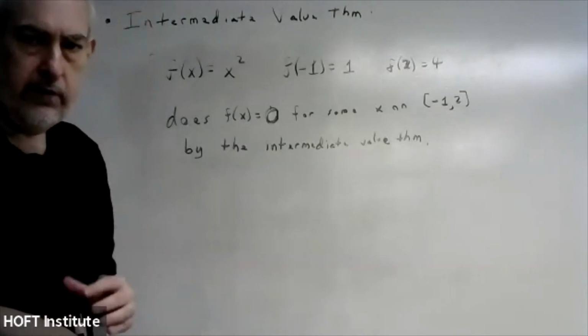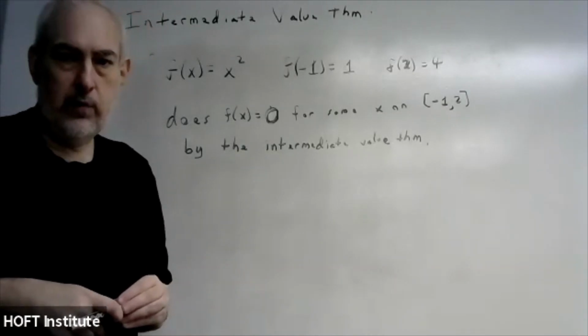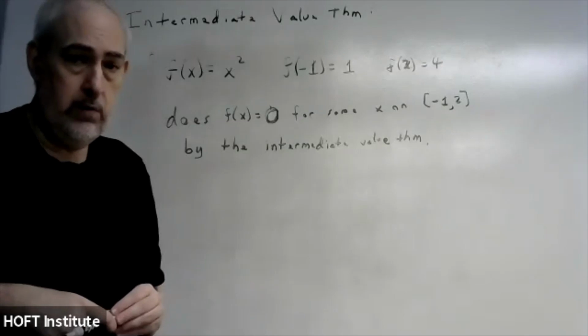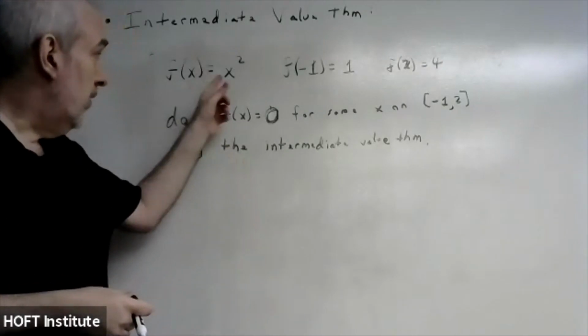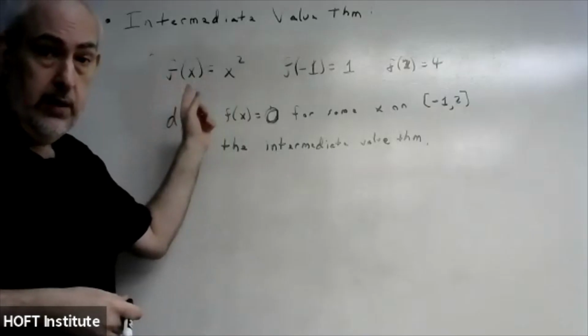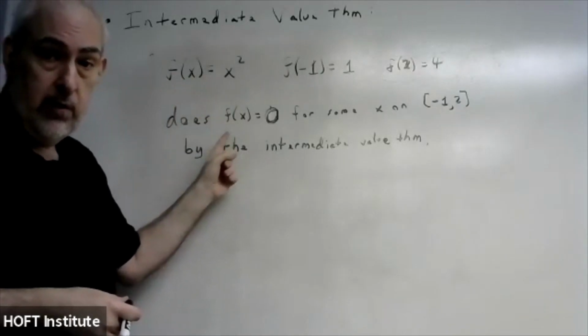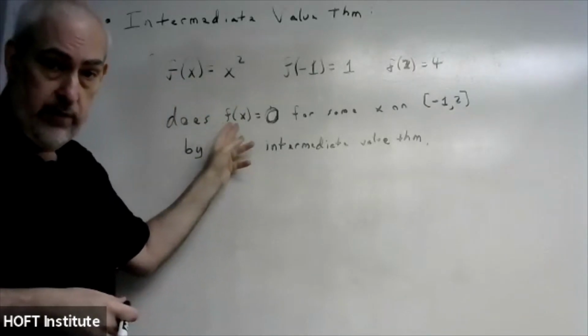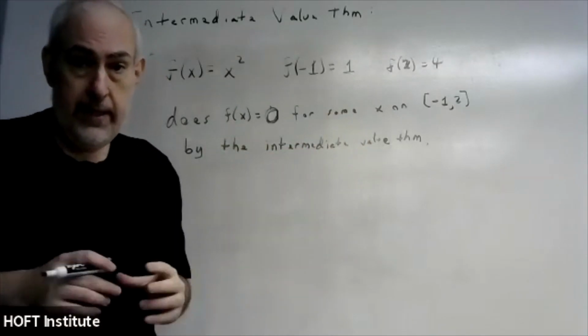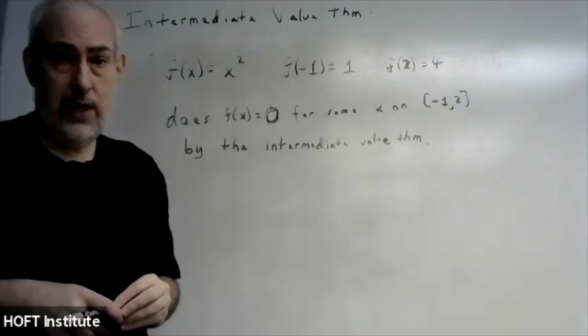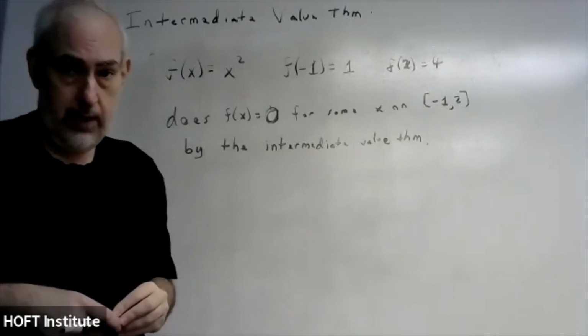Notice they are not asking you, does f of x equal 0 over the interval -1 to 2? The answer is yes, because if you plug in 0 for x, you get 0 for y. So yes, f of 0 equals 0. And 0, the value of x, is between -1 to 2. But it's not because of the intermediate value theorem that this is true, okay?